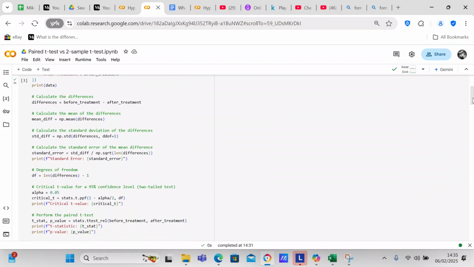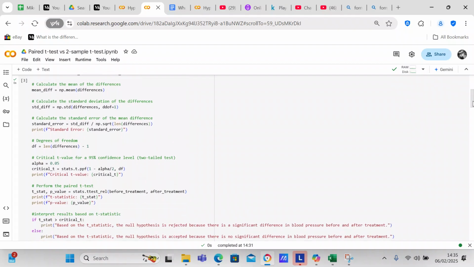So we calculate our differences. Differences equals before treatment minus after treatment, and then we calculate the mean of the differences: mean diff equals np.mean(differences). Then we calculate the standard deviation of the differences: std diff equals np.std(differences, ddof=1).